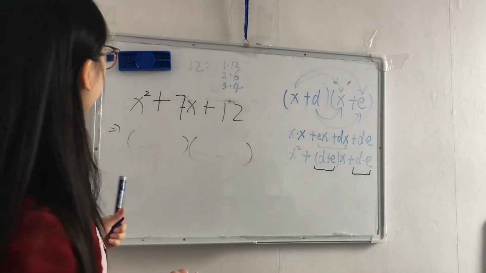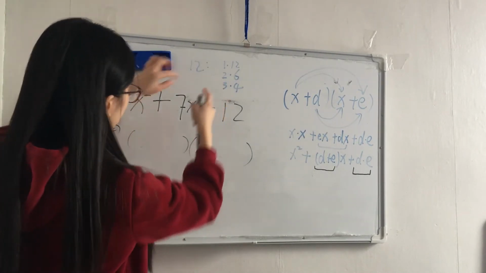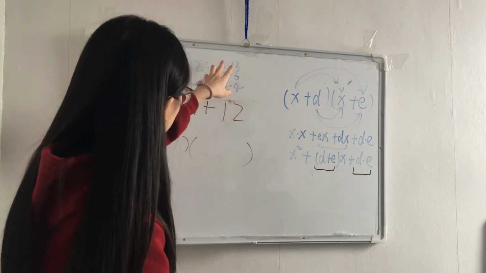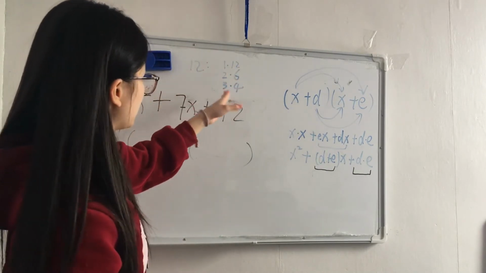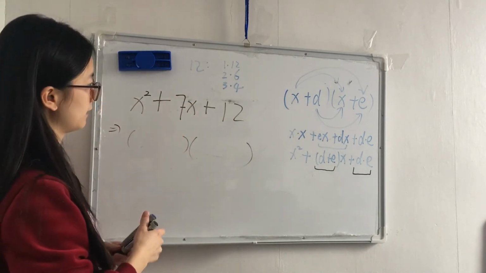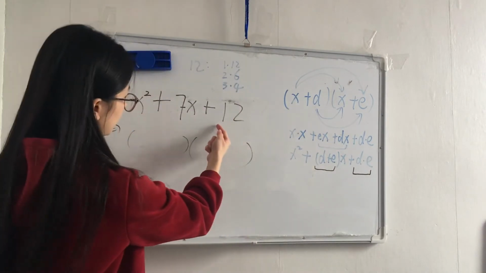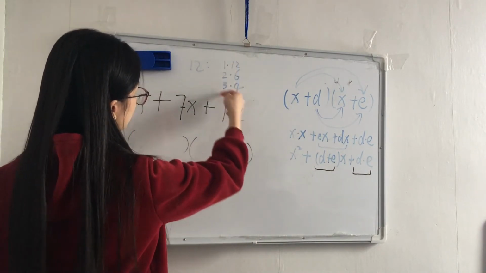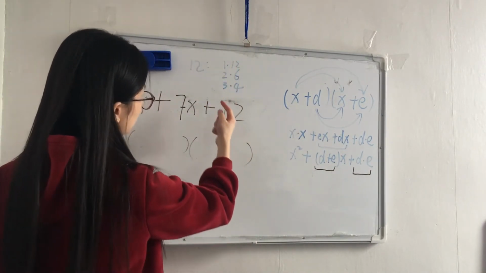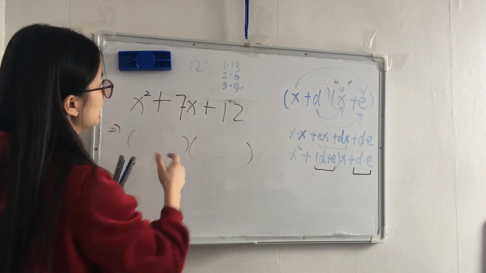No more, right? Then we try to find which of those pairs of factors adding together will give us 7. Just like here, two numbers multiply to get 12, and those two numbers add together to give us 7.